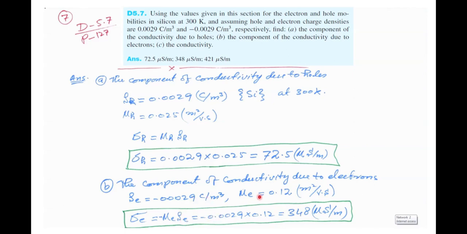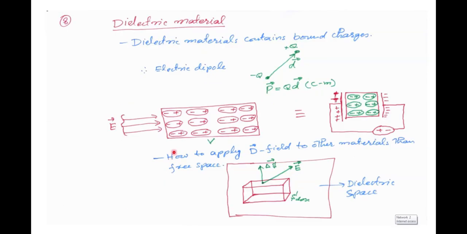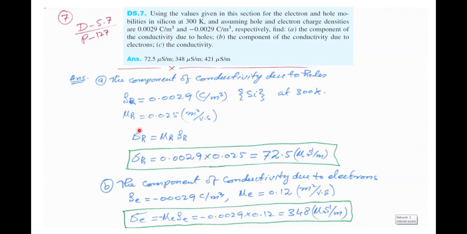Multiplying these two values results in 348 micro Siemens per meter, and the combined conductivity of silicon is then equal to the sum of conductivity due to holes and due to electrons. Add these two components, and you will get the total value of conductivity of silicon at 300 Kelvin.